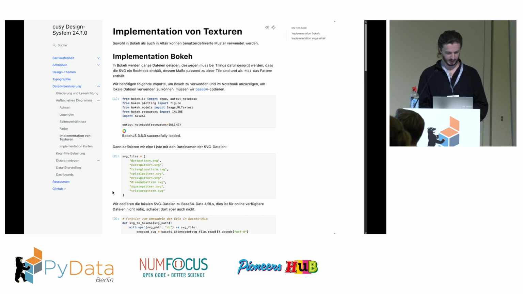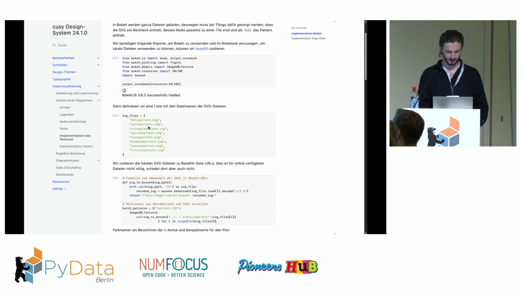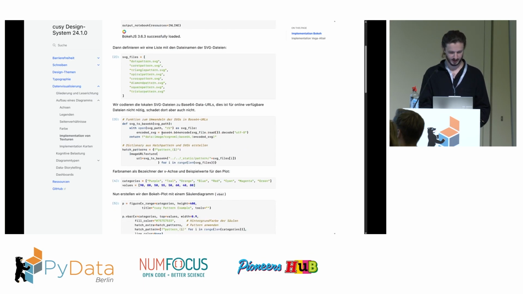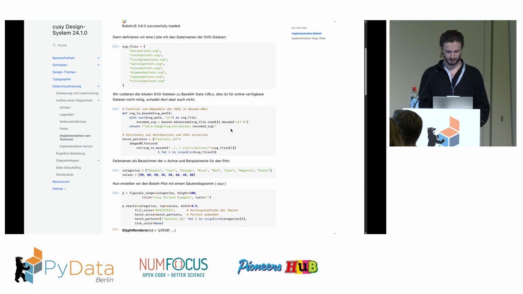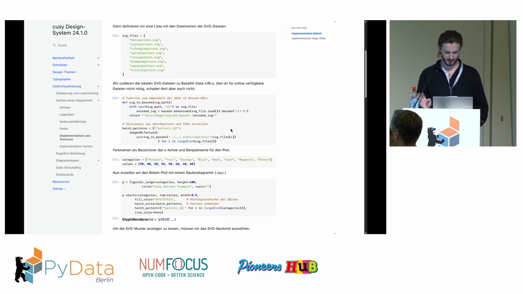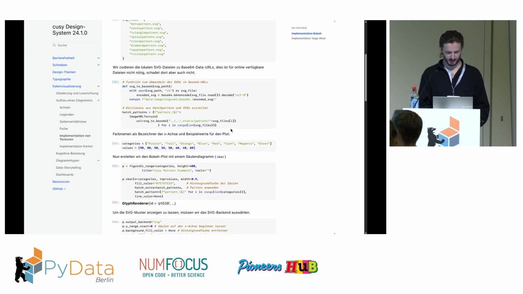For Bokeh, we can directly use the patterns in their files. When you want to use it locally, you can convert it to base64 image, but we don't need to do that for web. And then we create a dictionary, building the data.